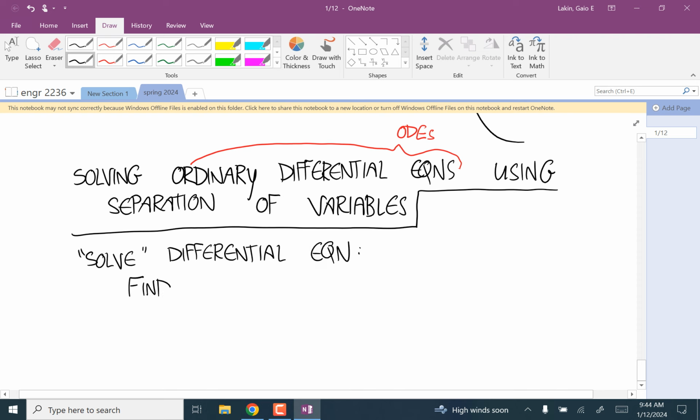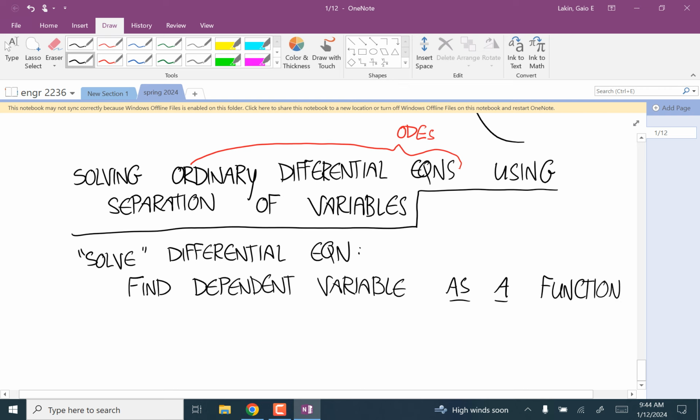So you're trying to find the dependent variable as a function of the independent variable(s).